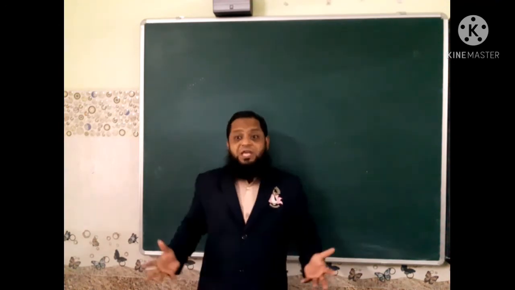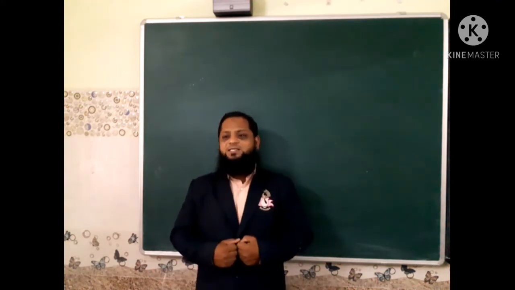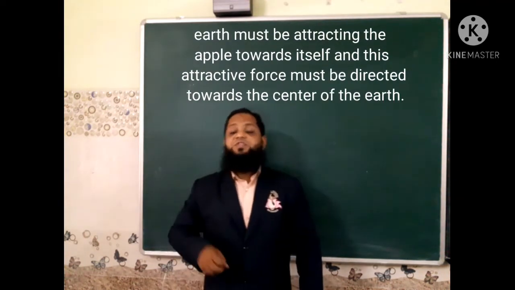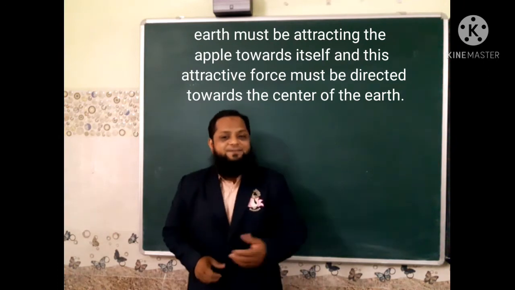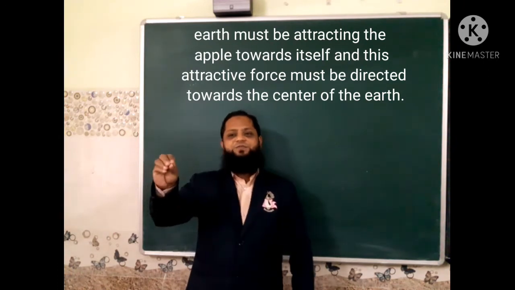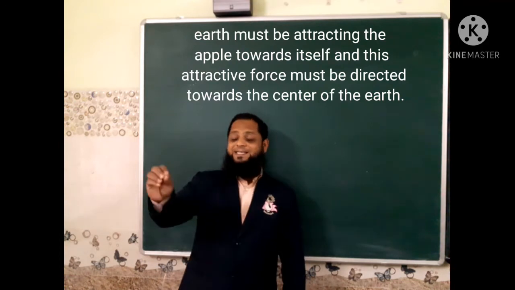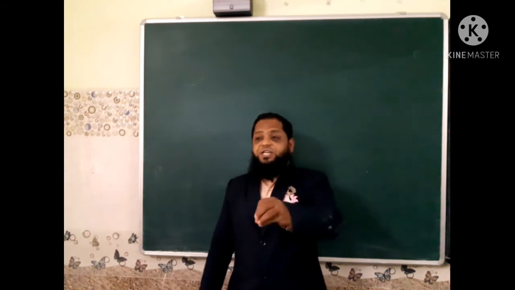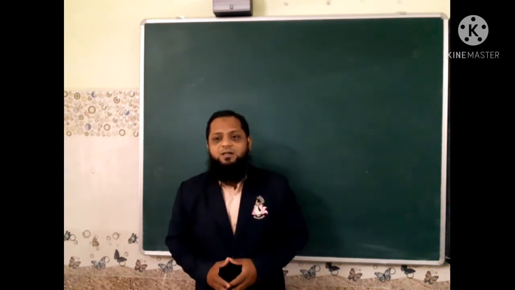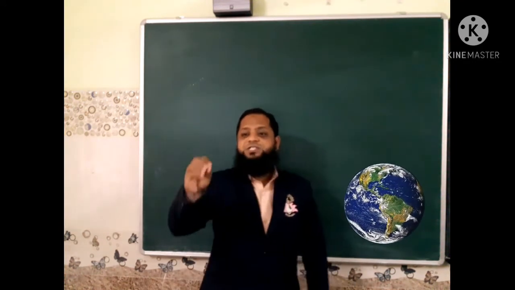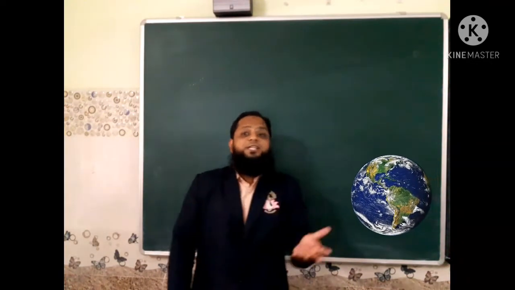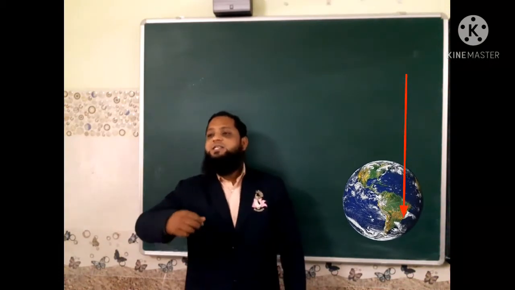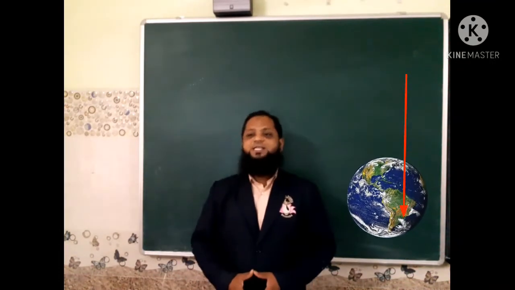After a lot of thinking, the scientist came to know that the earth must be attracting the apple towards itself, and this attractive force is directed towards the center of the earth. The direction from the apple on the tree to the center of the earth is the vertical direction at the position of the apple, and the apple falls vertically downwards.